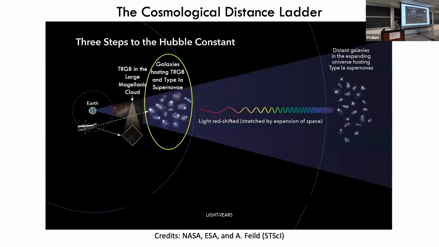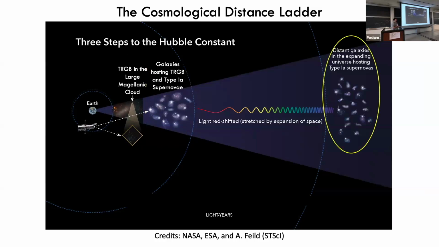Then we use the tip of the red giant branch to measure distances to nearby galaxies that host type 1a supernovae in order to get a handle on the absolute brightness of the type 1a supernovae. And then finally, we can measure the distance to type 1a supernovae out in the Hubble flow. This is just one major application of the TRGB. You can use other methods, but in particular, the TRGB has been a very major component of this analysis, especially in recent years.